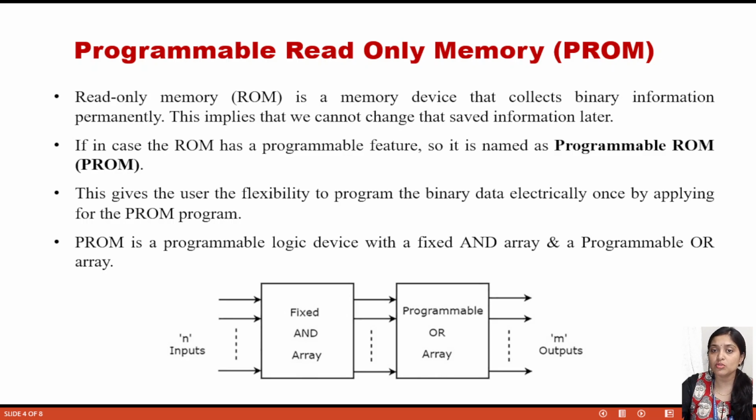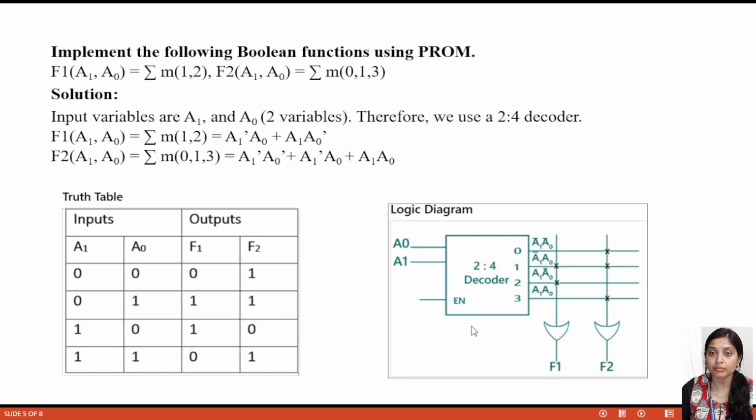This gives the user the flexibility to program the binary data electrically once by applying the PROM program. In the PROM case, there is a fixed AND array and a programmable OR array. This is the representation.